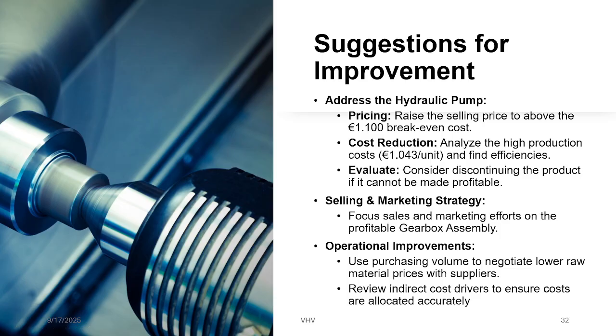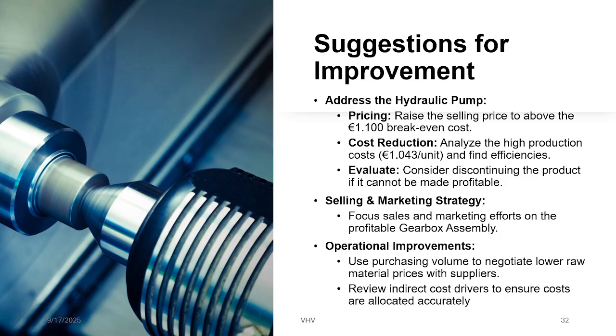So, what should the company do? This analysis leads directly to strategic recommendations. First and foremost, management must address the hydraulic pump. They have a few options. They could try to raise the selling price to get above the 1,100 break-even cost.